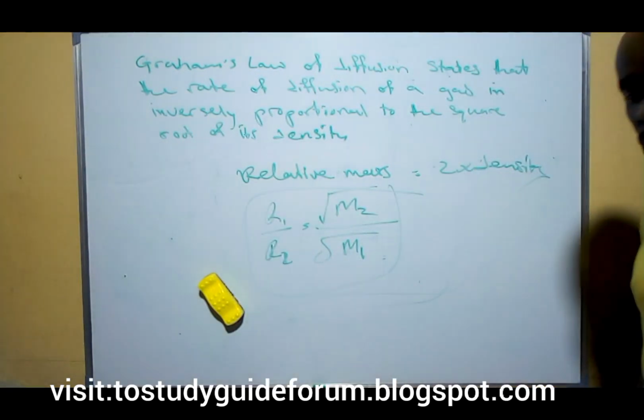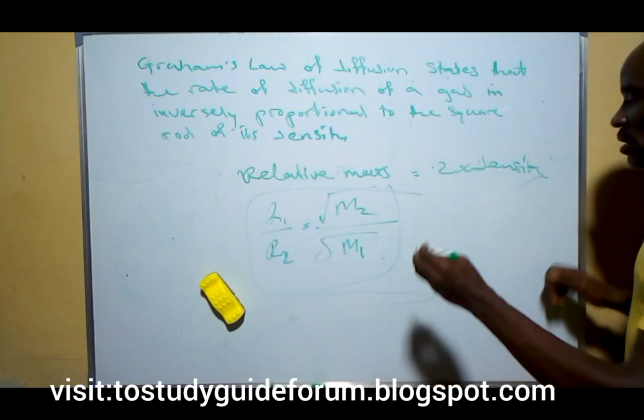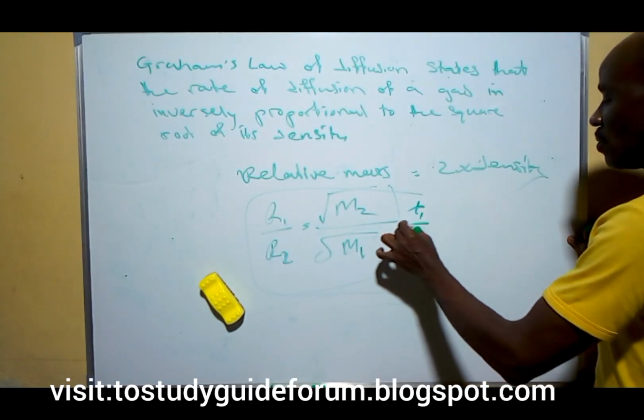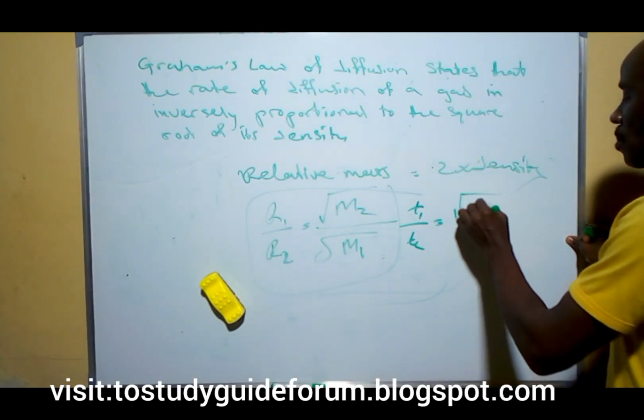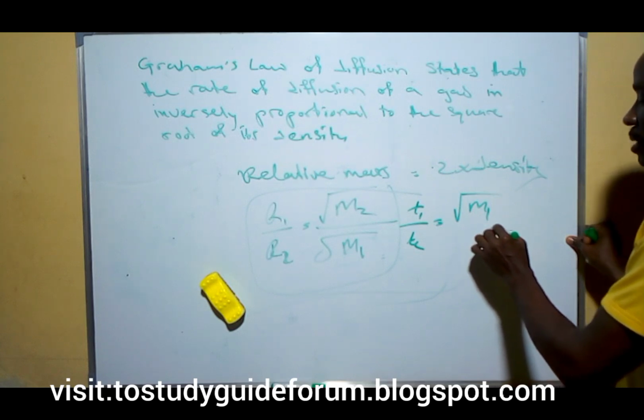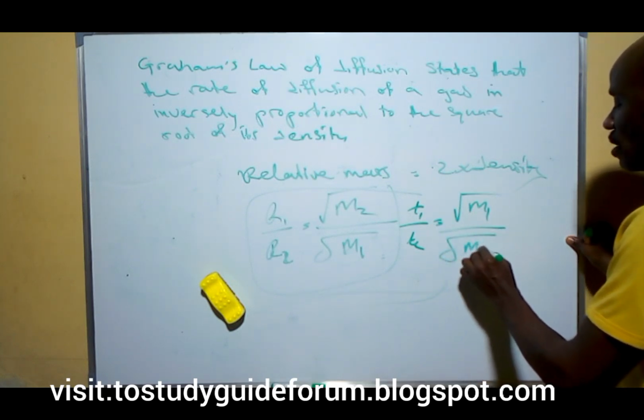On the other side, when we are talking about time, if we are to relate it with time, we say that t1 over t2 is equal to the square root of M1, that's the molecular mass, over the square root of M2, that of 2.